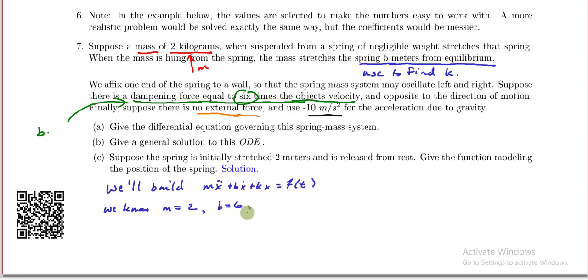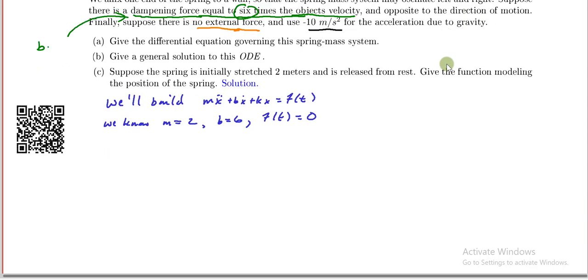And we're told that f of t is equal to 0. Generally, folks, I will give you an easy way to compute the mass, or I'll give you the mass explicitly. I'll always state if there's a forcing function or not. This will usually just be a value. We could experimentally come up with what our drag coefficient is, but generally I'll just go ahead and state it to you. What I will often have you find is I'll give you enough information to figure out what your k value is in the spring.